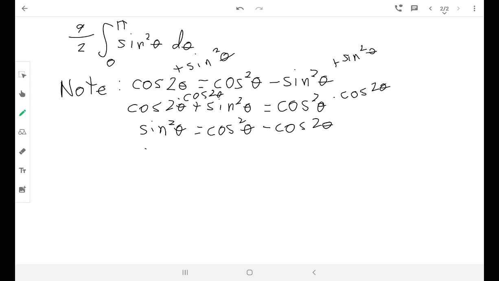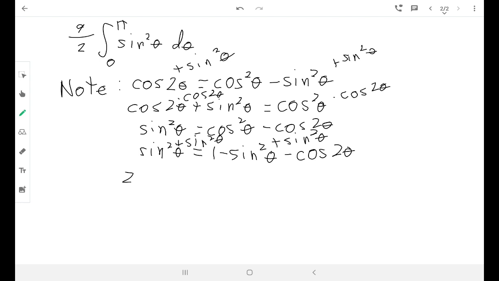And then I'm using the different versions of the Pythagorean identity here. Sine squared theta equals, and cosine squared theta is 1 minus sine squared theta, minus cosine 2 theta. And then I can add this sine squared theta to both sides.